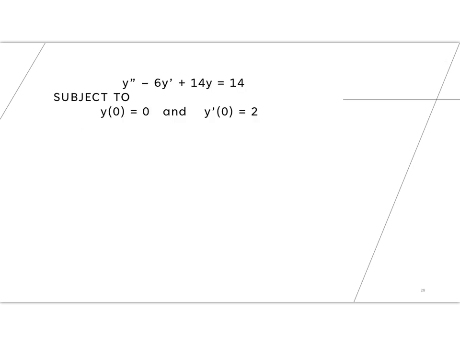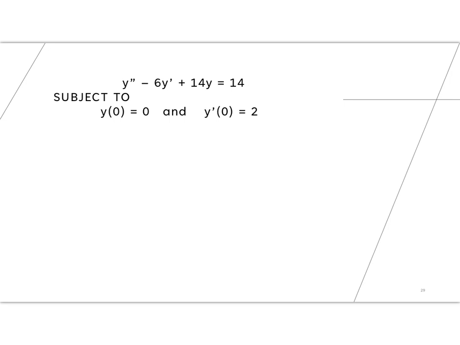Let's do one more. Second derivative again: y'' minus 6y' plus 14y equals 14. This time my initial conditions are y(0) is 0, y'(0) is 2.